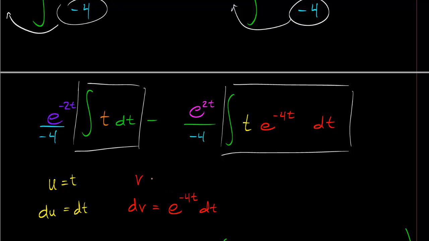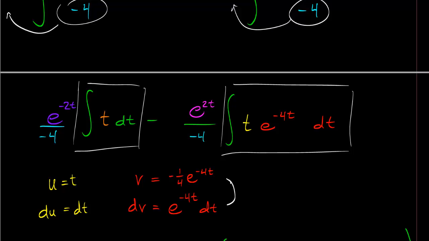V would be the integral of e to the negative 4t dt, and via probably a u substitution is a bad idea since we're using u over here, but maybe we could do an x substitution. We would get negative 1/4 e to the negative 4t.